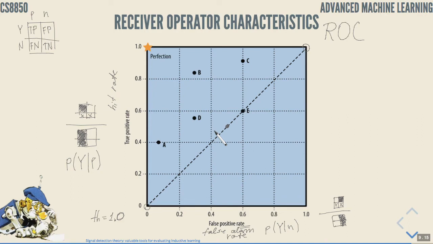The fair coin random classifier will be, let me pick a funny color, right here at 0.5, 0.5.